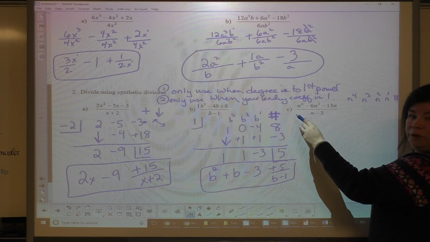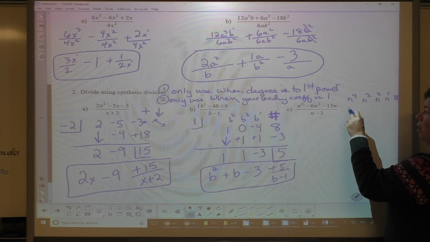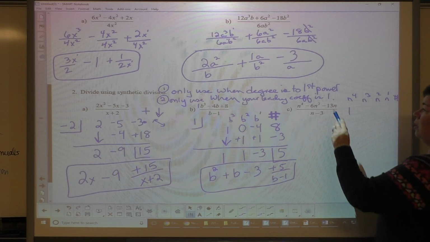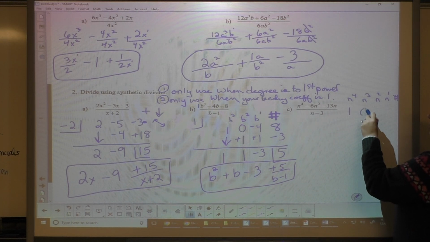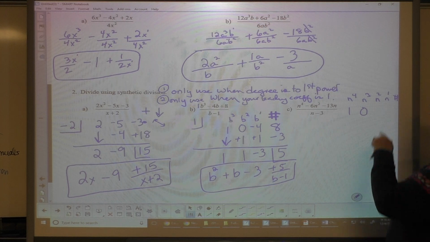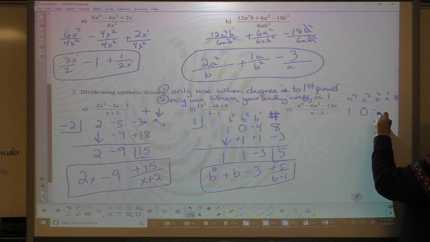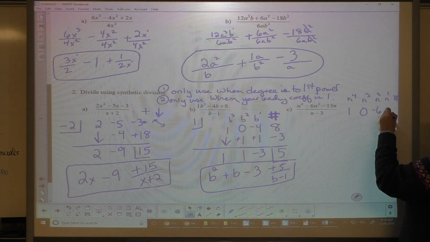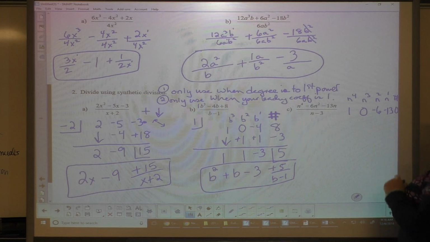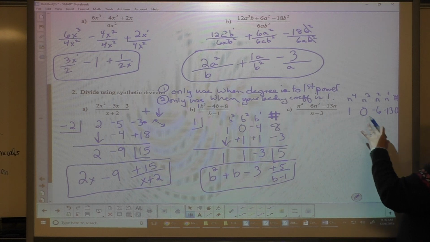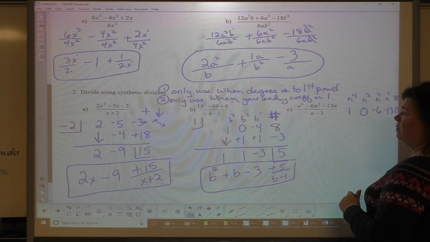So our n to the 4th term has a leading coefficient of 1. Our n cubed term, we don't have one. We're going to have to fill that in. N squared is negative 6. Our n to the 1st is negative 13. And we have to fill that constant in. All right. So I'm going to write those again over here so you guys can see this better.